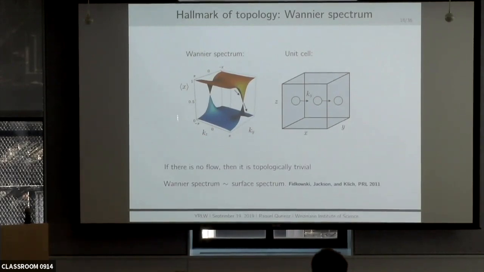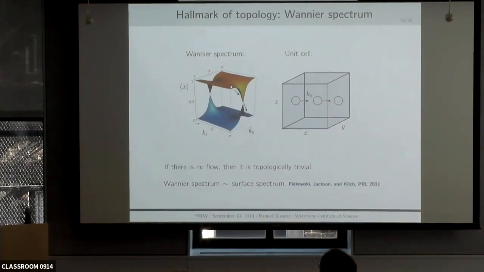So here, what I'm showing is the Wannier spectrum, which basically tells you the expectation value of the position of the charge inside the unit cell, and I'm varying two momenta.